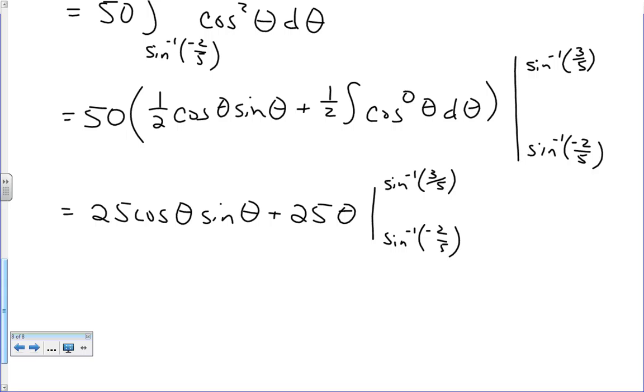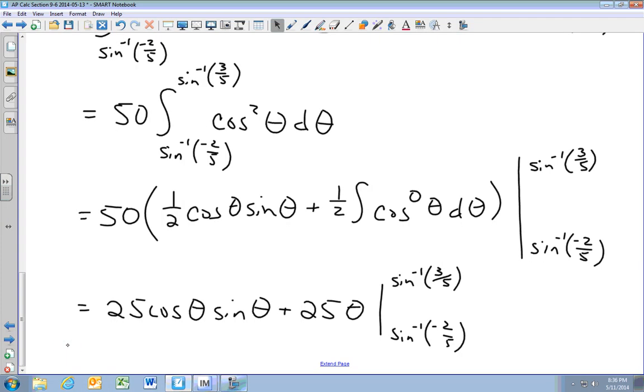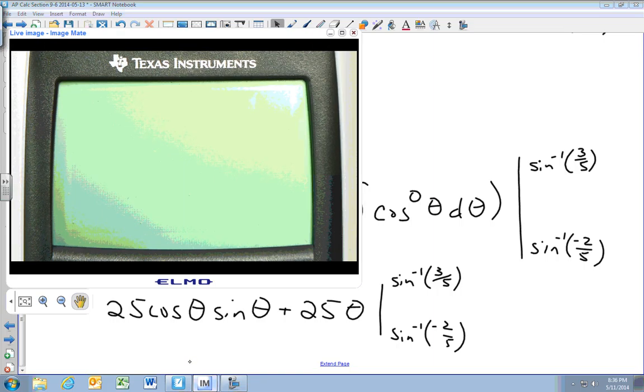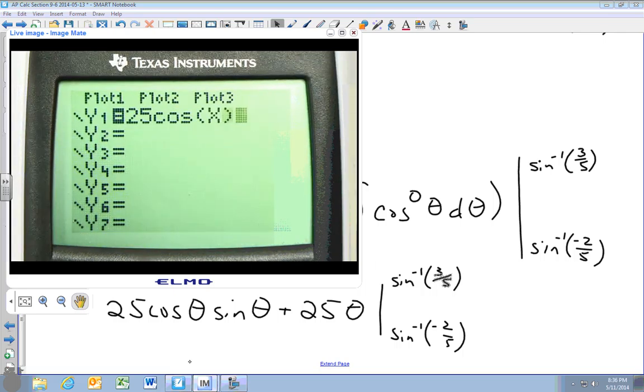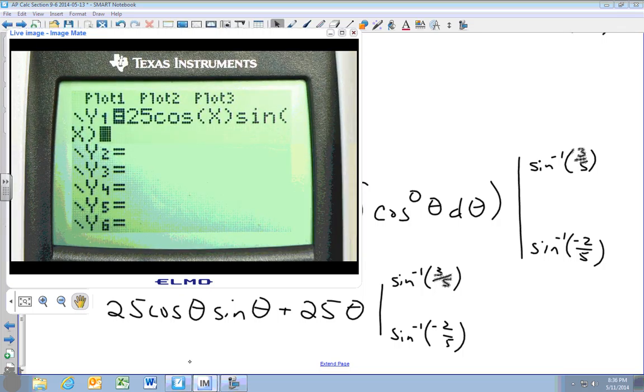And to do this, you could, of course, just plug those in right now and write down what you get. I like using my calculator here at the end, at least, to help me out. If you punch in y1 as that function we're working with, it's the 25, the antiderivative I should say. It's 25 cosine of x, sine of x, and then plus 25 times x.